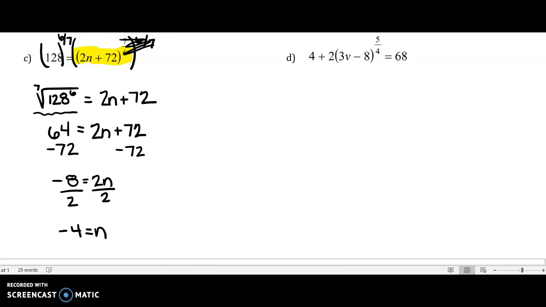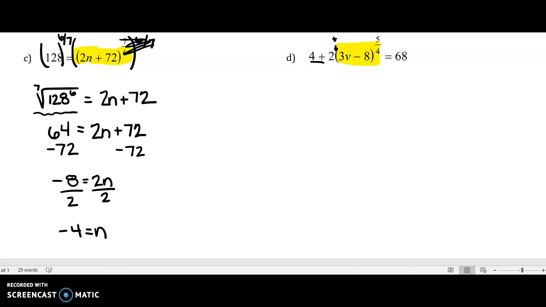Okay, example D. Let's see, what's raised to the 5/4 power? Well, it's 3v minus 8. So that 4 is going to have to go, the 2 is going to have to go. A lot of people get confused on this because where do we start? Here is the addition. This is actually multiplication between here.